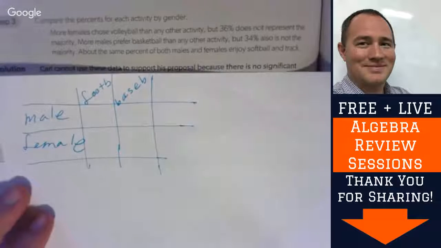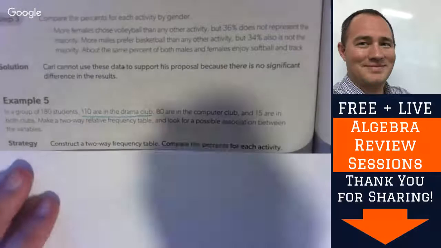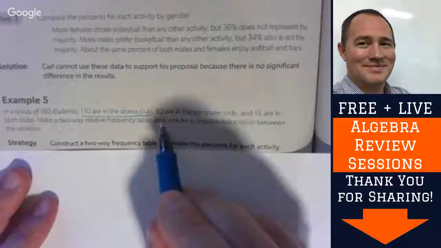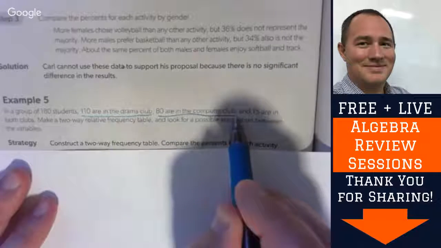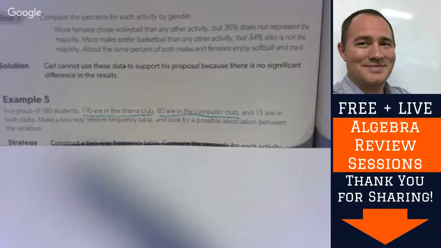Now this can be a little bit tricky because in this situation there's drama club and computer club. It's not asking us to break down males and females in drama club or computer club. What it's saying is that there's drama club and there's computer club.